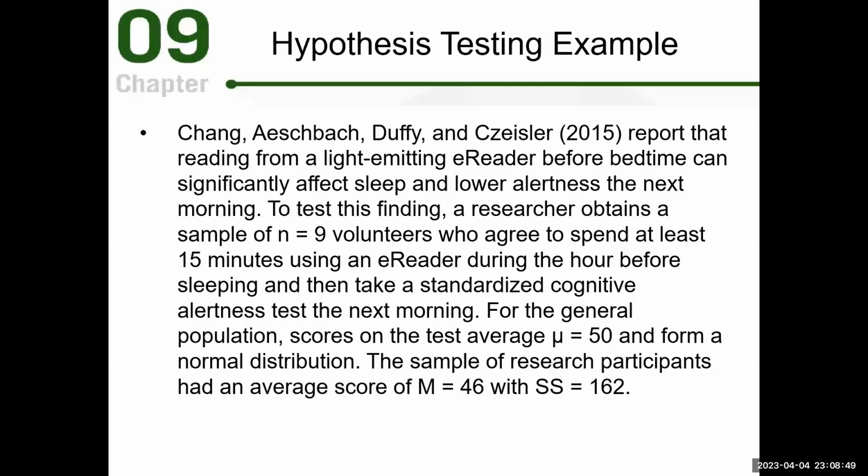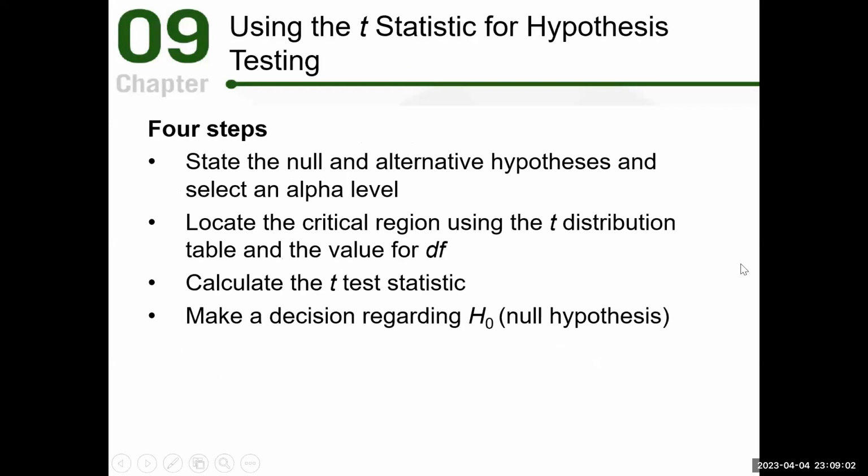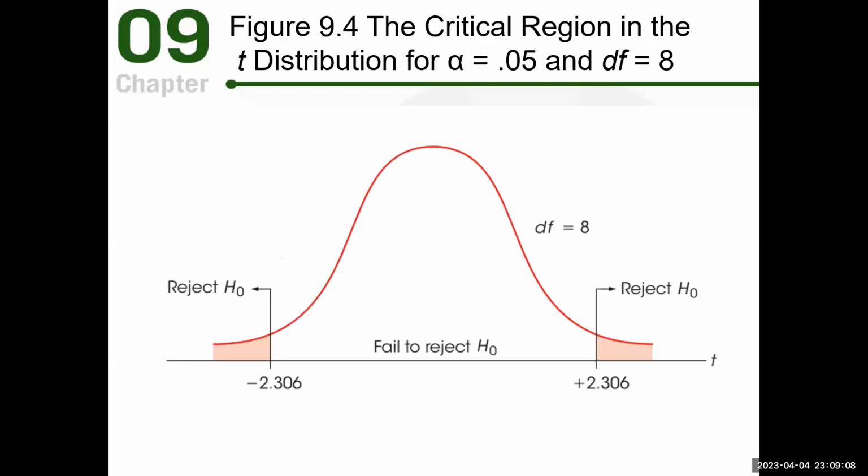All right, so that's the example. That is my example, and that's where we are. If you need to pause the video, you can, just to see all the information that was provided to us. So again, we talked about those 4 steps, step 1, 2, 3, and 4. Here is the depiction of the t distribution that we use.